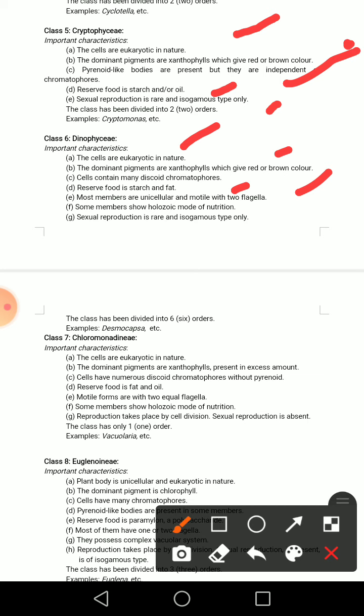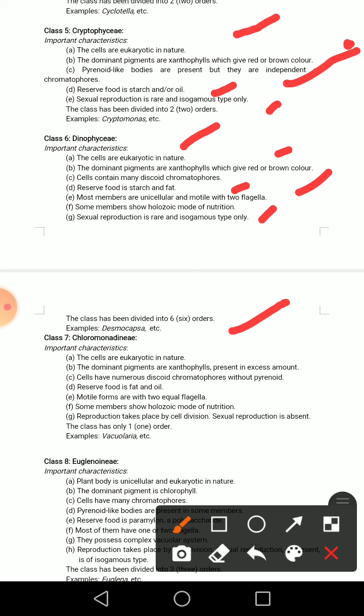Most members are unicellular and motile with two flagella. Some members show holozoic mode of nutrition. Sexual reproduction is rare and isogamous type only. The class has been divided into 6 orders, and examples include Desmocapsa.